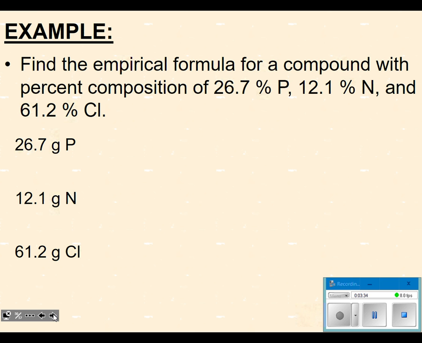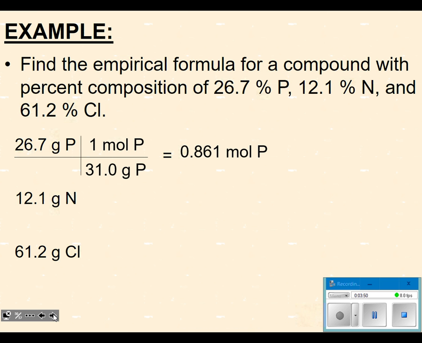Then we're going to change those masses to moles. To do that, you look up the gram atomic masses off the periodic table. For phosphorus, there are 31.0 grams for every 1 mole. So when you do that dimensional analysis, you find there's 0.861 moles of phosphorus.